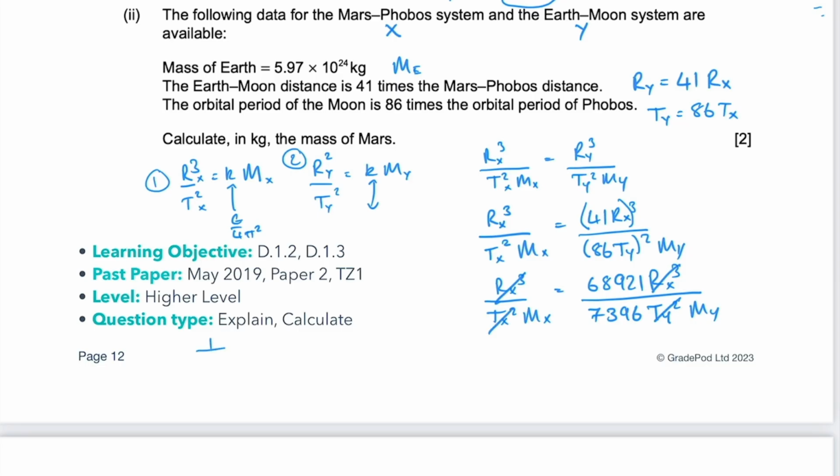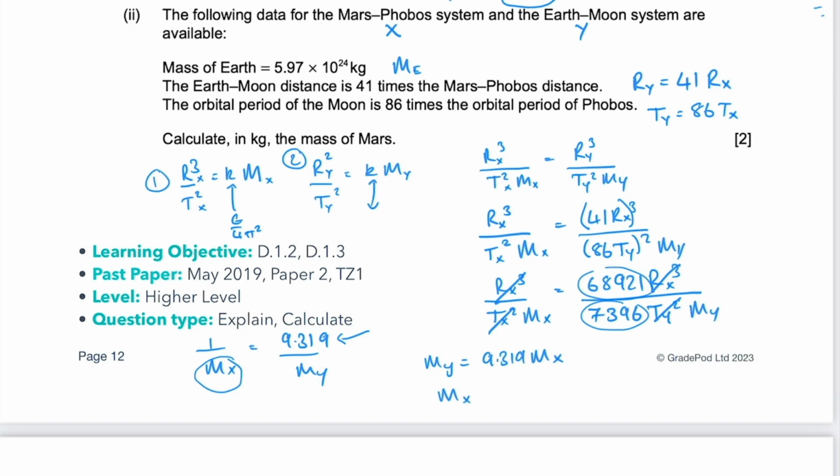What we then have is 1 over Mx equals 9.319 over My. And this 9.319 is basically 68921 divided by 7396. And we want to find out what Mx is, which is the mass of Mars. So let's cross multiply again. My equals 9.319 Mx.